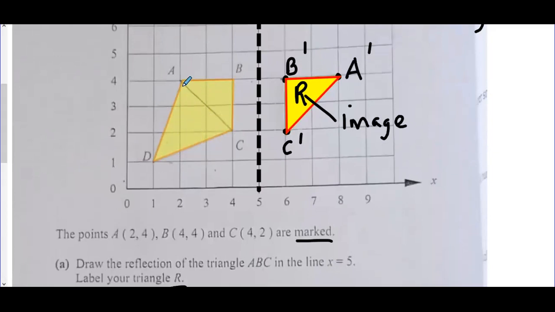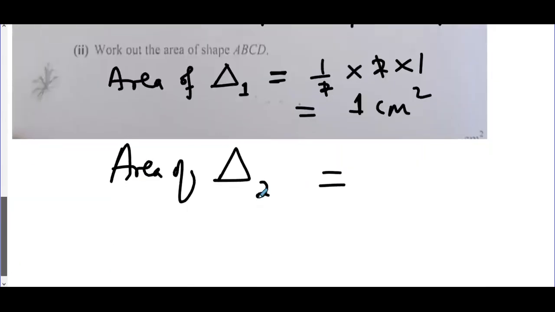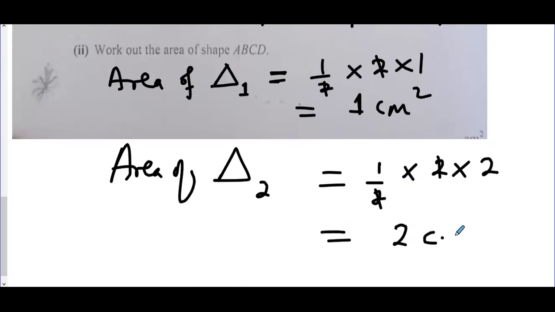The triangle which I'm talking about is this triangle here, which has 2 boxes as the height. So the height is 2 boxes, and the base remains the same, 2 boxes. So the area is 1/2 times the height, 2, times the base, 2. When you simplify this, you end up getting 2 centimeters squared.